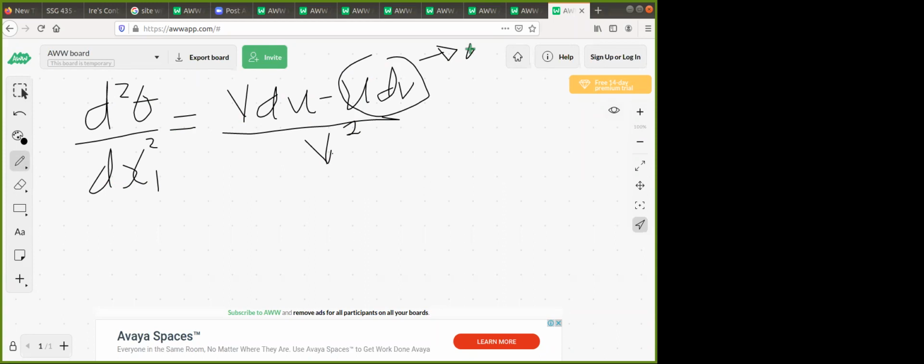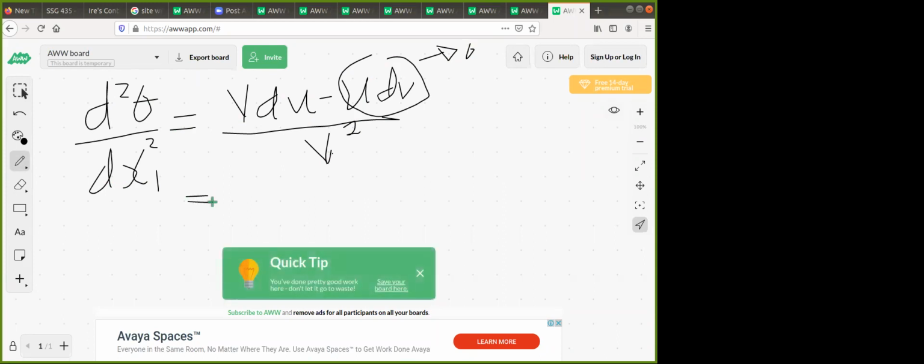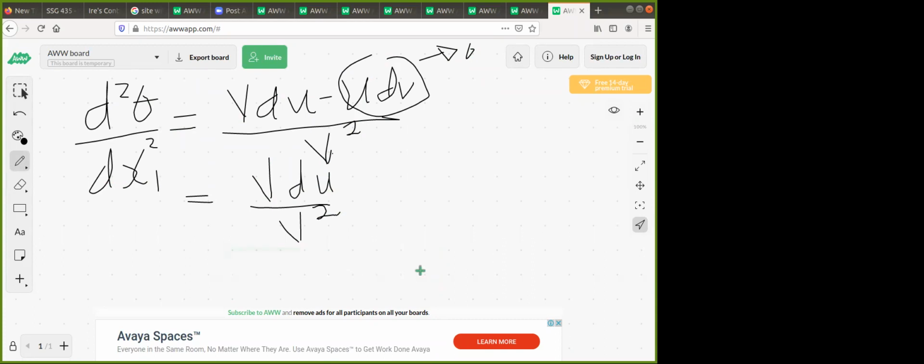You remember? So now all I'm left with is this v du over v squared. I want us to take note that this v here can cancel one of the v's here. So all I'm left with is what? Du over v.